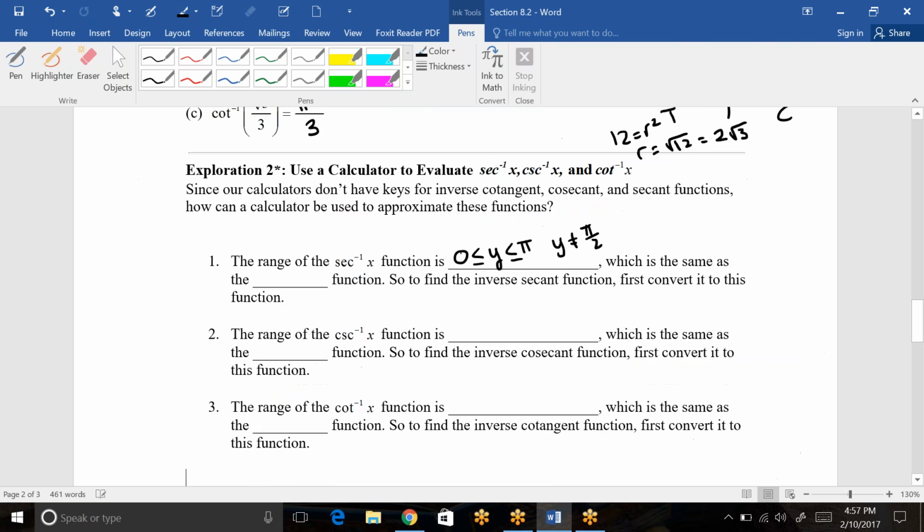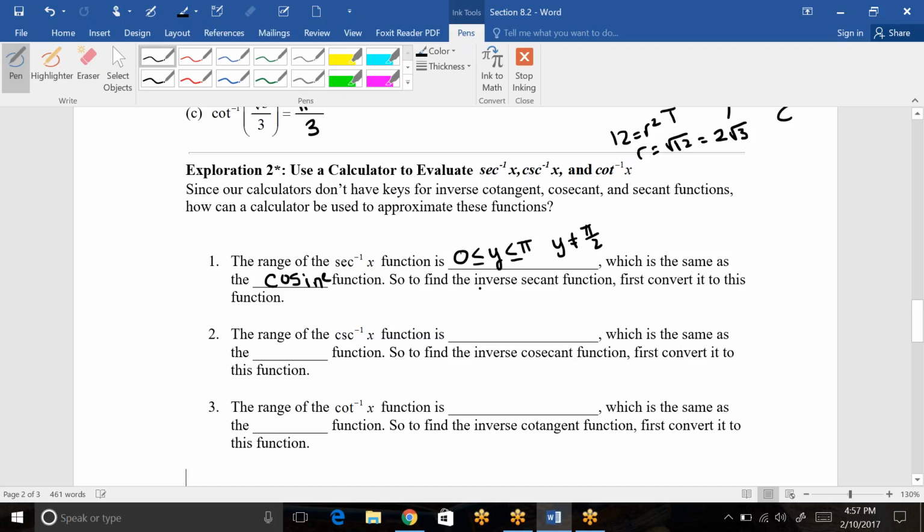And those are not equal to, are they? Yes, they are. Okay. So 0 to pi with y not equal to pi over 2, which is the same as the cosine function, remember, except for the pi over 2 part, because cosine could equal pi over 2. But the 0 to pi part matches up with that.